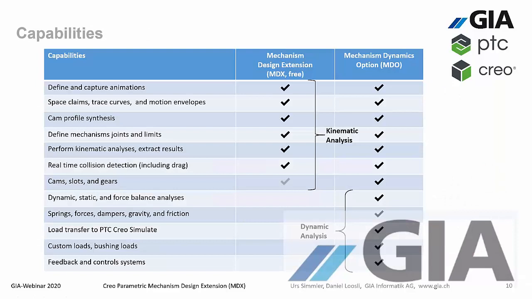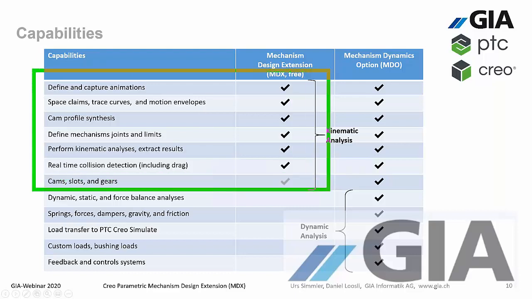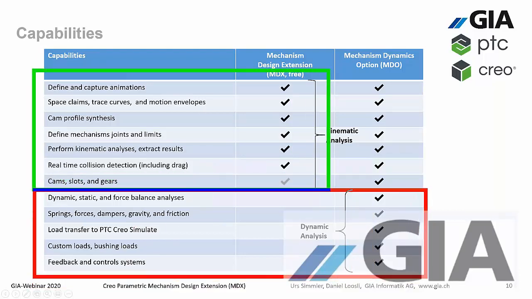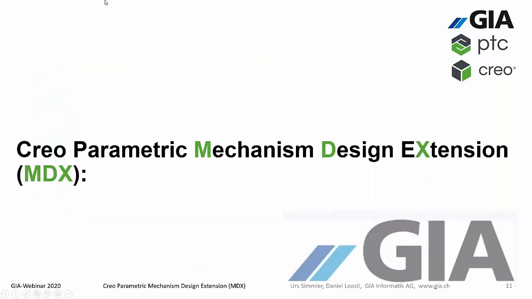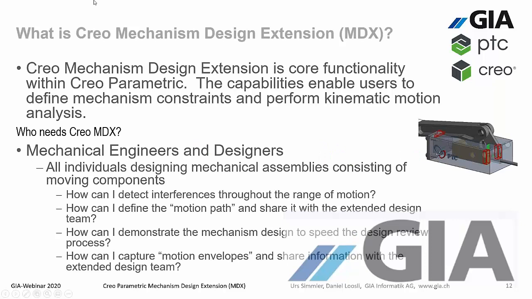Okay, here we see also the capabilities of the extension in green here, and of course the additional capabilities of mechanism dynamics option. So in detail, what can we do with a mechanism design extension? We can check, does our mechanism work?